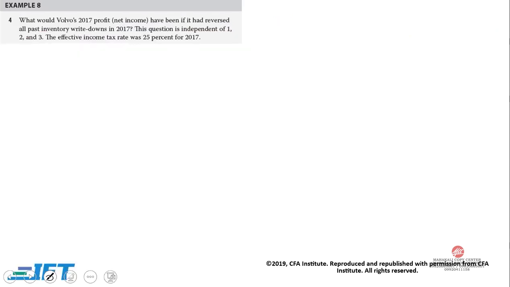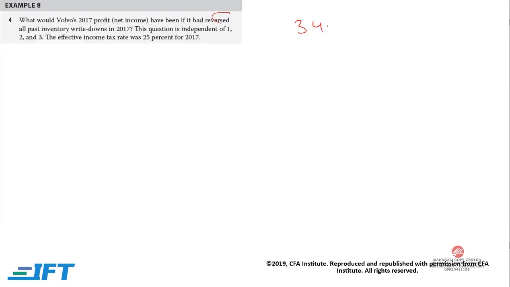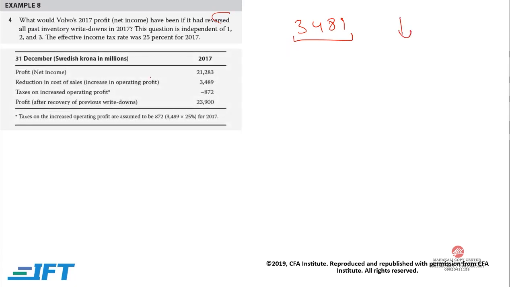What would Volvo's 2017 profit have been if it had reversed all past inventory write down in 2017? So in 2017, what's our valuation allowance? It's 3489. So if 3489 is reversed, what is going to happen to our cost? So reversing is a positive thing, so it is going to reduce our cost of sales. So if our cost of sales goes down, our profitability increases.